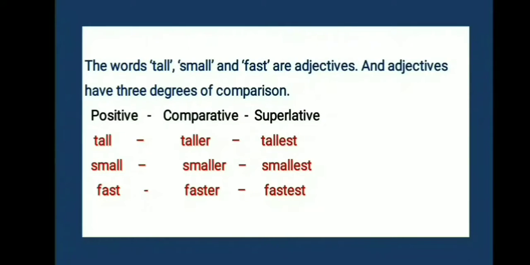So students, the words tall, small and fast are adjectives, and adjectives have 3 degrees of comparison: positive, comparative, superlative. Tall, taller, tallest. Small, smaller, smallest. Fast, faster, fastest.